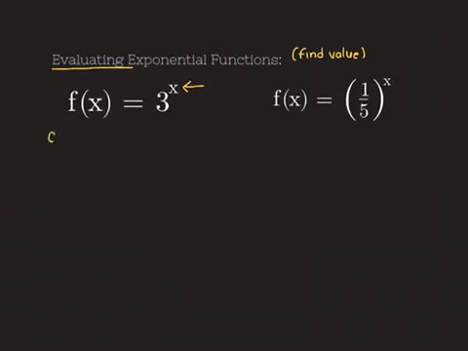So let's start by finding f of 3. So remember, in function notation, this means that we replace x with 3. So that will give us 3 to the third, which is 27. So f of 3 is equal to 27.